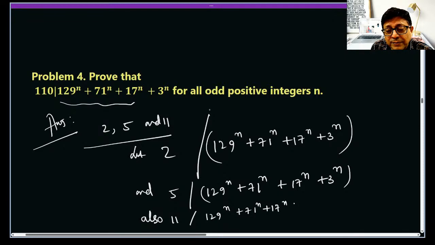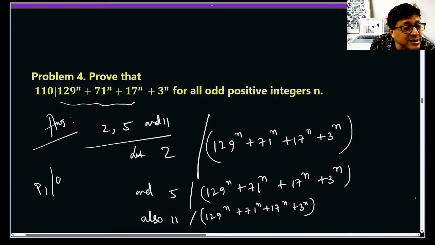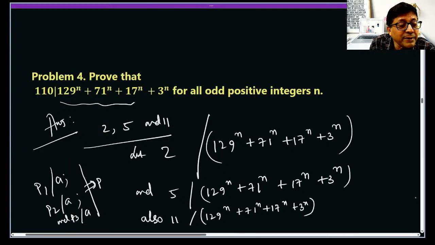Then is the proof done, you think? Then have I proved it? Yes. They are all prime numbers. 2 is a prime number, 5 is a prime number, 11 is a prime number. If a prime number P1 divides A, prime number P2 divides A, and P3 divides A, what does this imply?